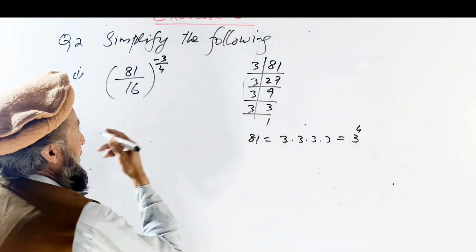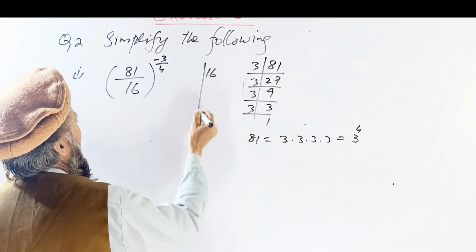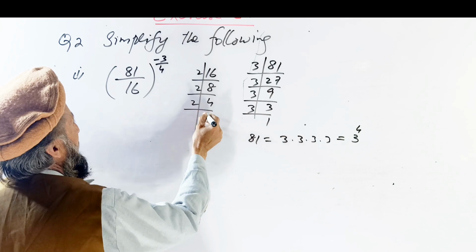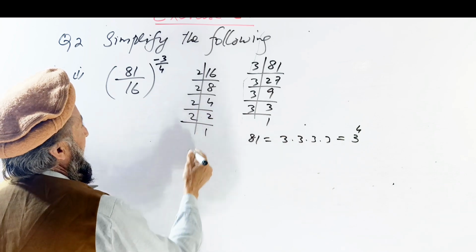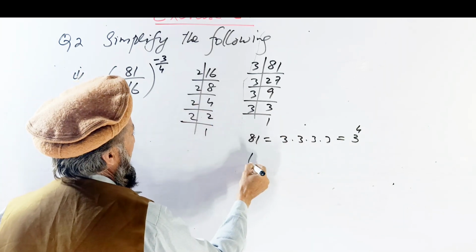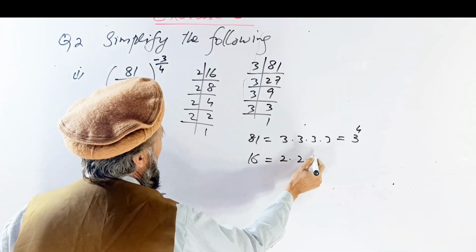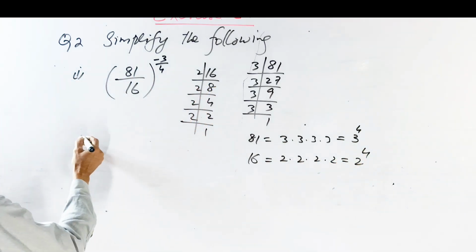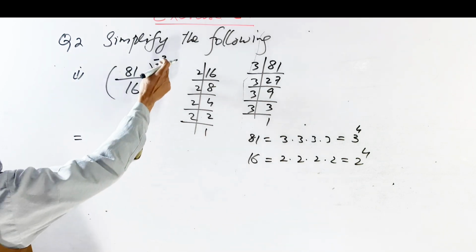Similarly, 16 we can write as 2 into 2 into 2 into 2, which is equal to 2 power 4. Now we can simplify from the denominator.